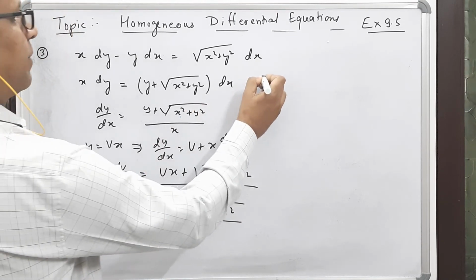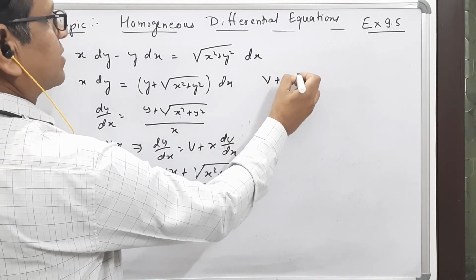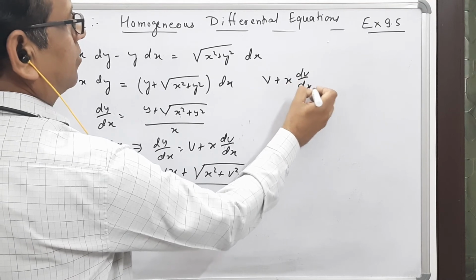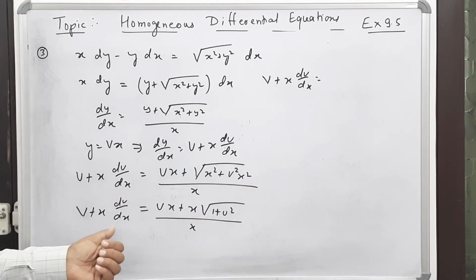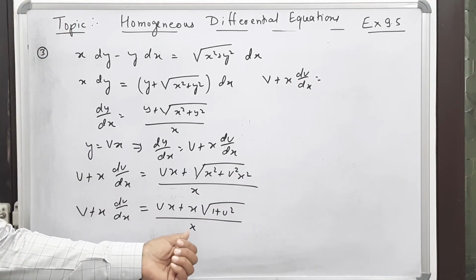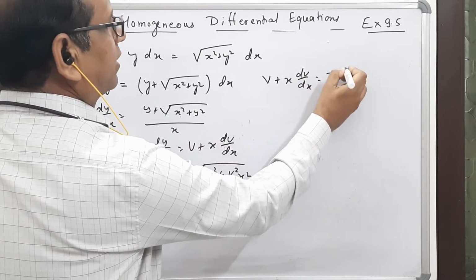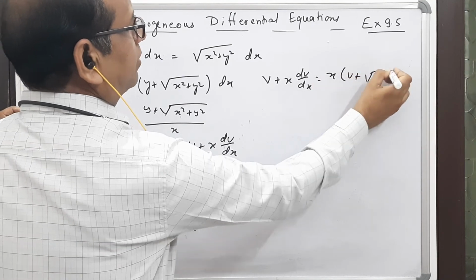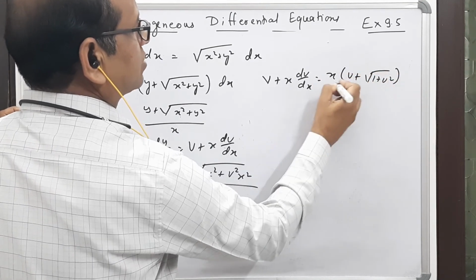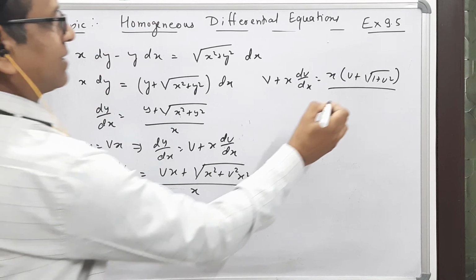So in the next step, v plus x dv by dx. Now vx upon x and this x, so this x and x cancel here. If you take common, then v plus root of 1 plus v square upon x.